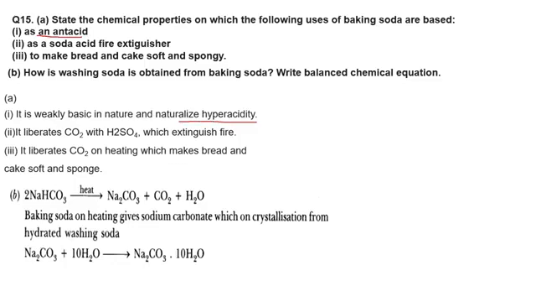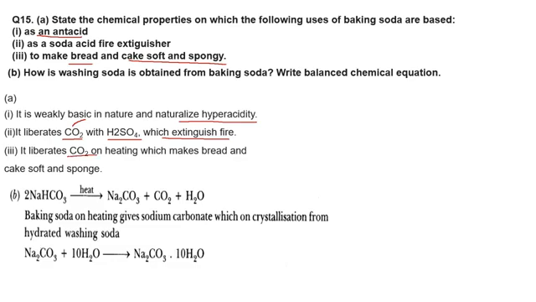As a soda acid fire extinguisher, it liberates carbon dioxide when it is mixed with H2SO4, and this carbon dioxide helps to extinguish fire. To make bread and cake soft and spongy, it liberates carbon dioxide.